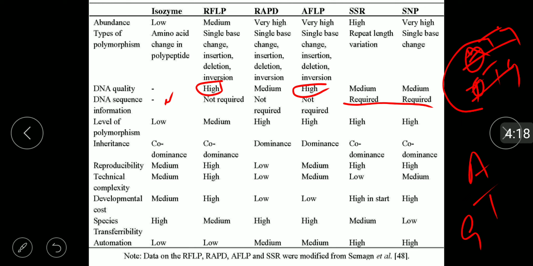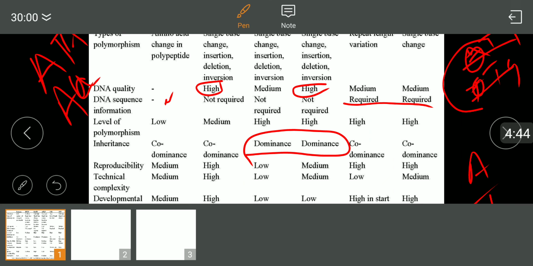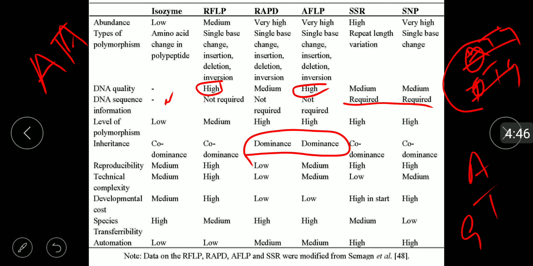And inheritance: isozymes and RFLP are codominant, and RAPD and AFLP are dominant. Remember that RAPD and AFLP are dominant. This means that through these two markers we cannot differentiate heterozygous and homozygous, because we get only a single band.